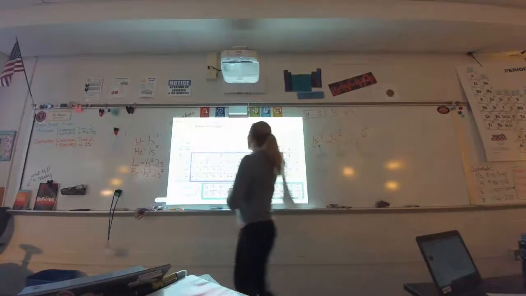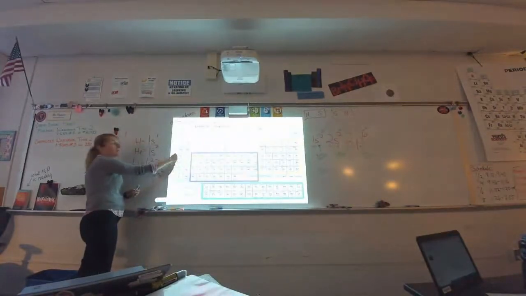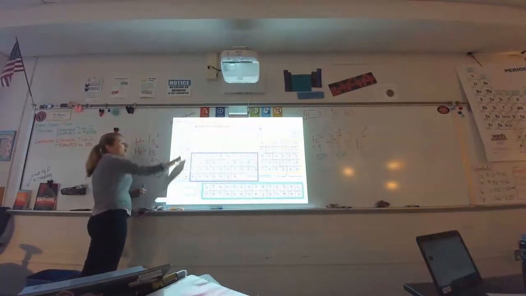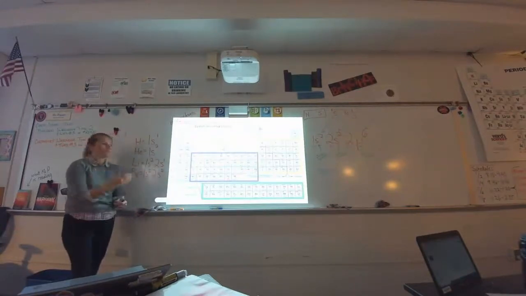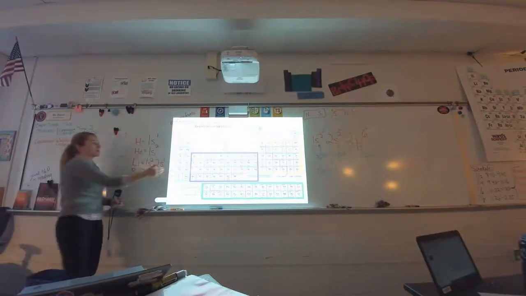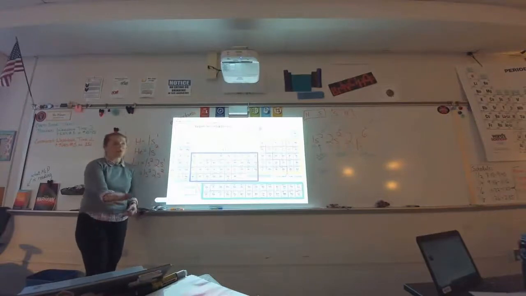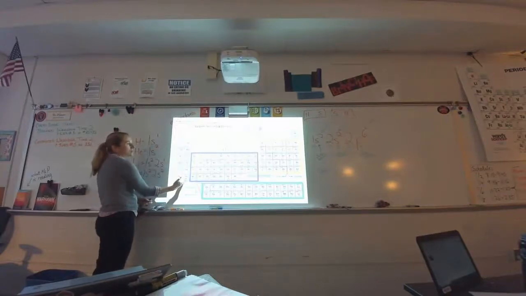As we come along, we go to sodium. Sodium would now be 3s because it's in this group, 1 because it's in the first column. Everything in this column will be whatever energy level, S1. As we go into the second column, whatever's here will be whatever energy level, S2, because it's in the second column.